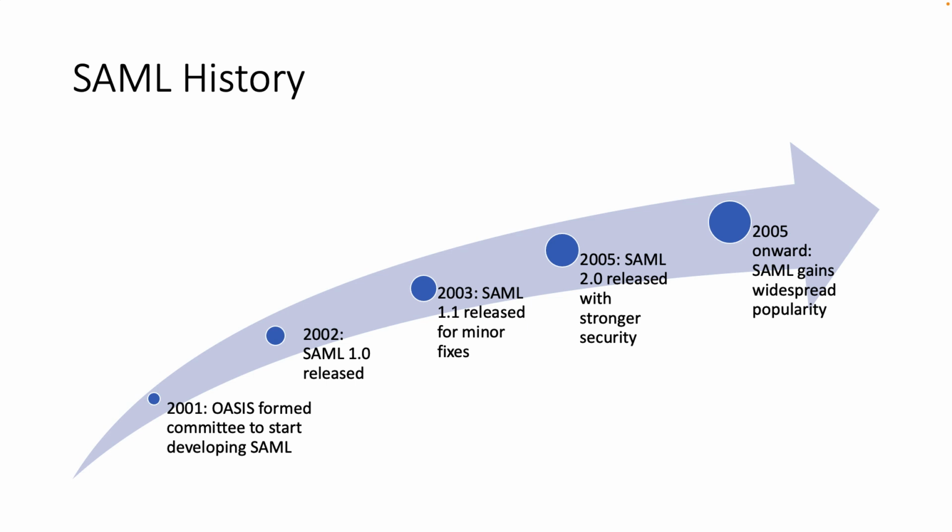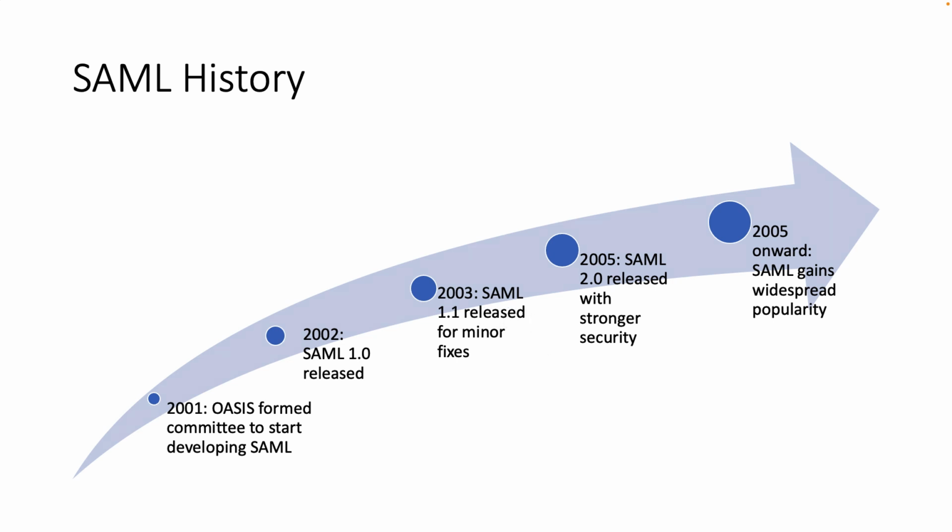Oasis developed the SAML protocol for that purpose and released it as SAML 1.0 in 2002. But at that time, there were some minor issues discovered. So they released a fixed version, which is SAML 1.1 in 2003, and people started to use it.